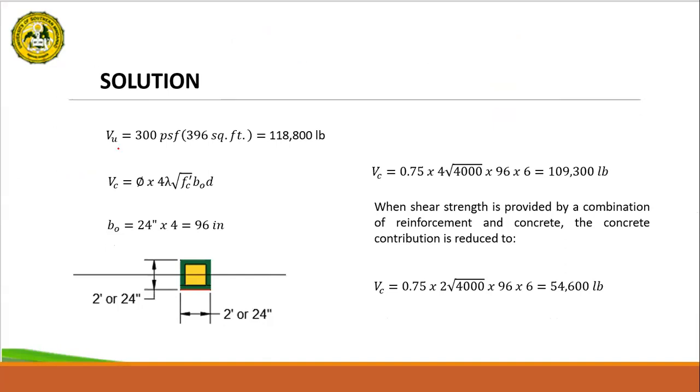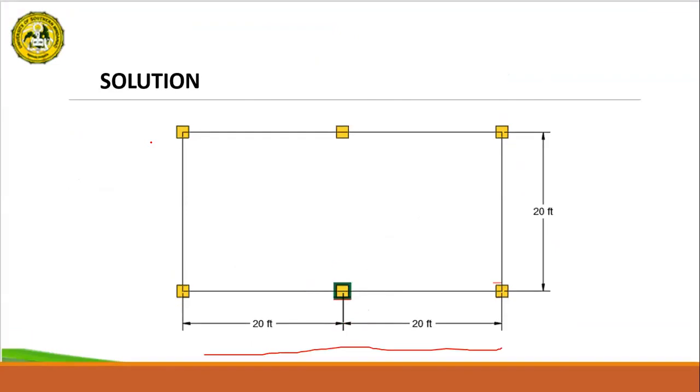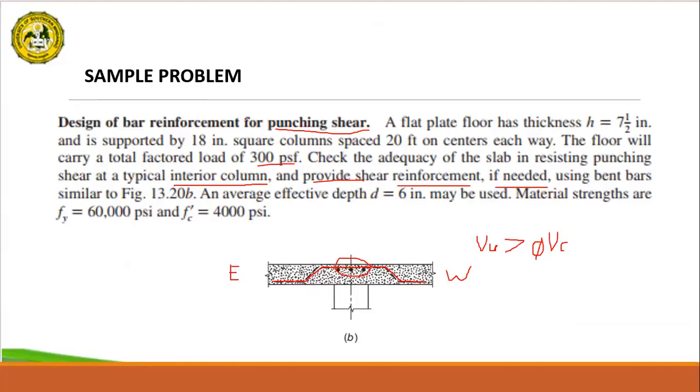So, computing first for the VU, so yung given kanina na 300 pound per square foot. Balikan natin yung problem. So, this is already a factored load.